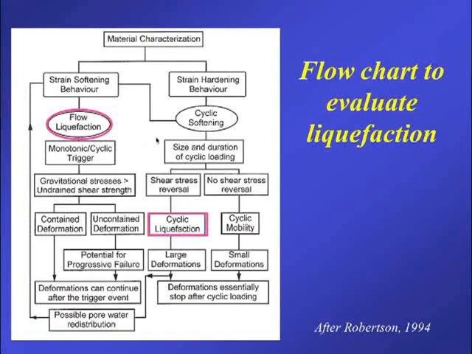Now that's quite a complex situation, where initially you may characterize the material to be predominantly strain hardening, but that cyclic liquefaction could in fact trigger a strain softening response and then a subsequent flow slide. We'll come back and discuss this a little bit later at the end.